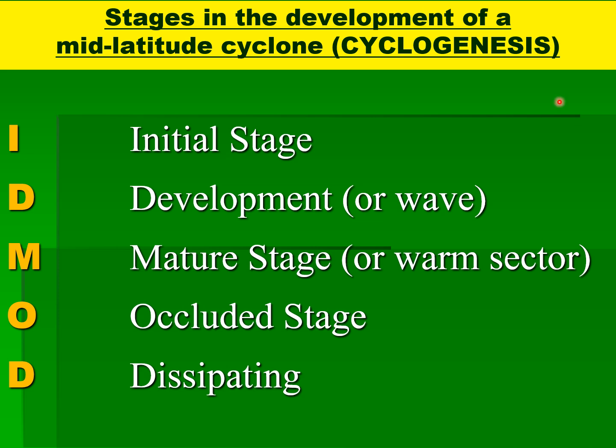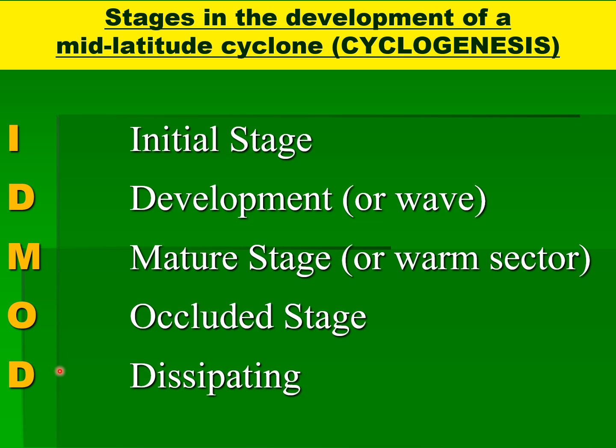Remember the acronym IDMOD, where I stands for the initial stage, D development stage, M is known as the mature stage, O for occluded stage, and D for dissipating stage.